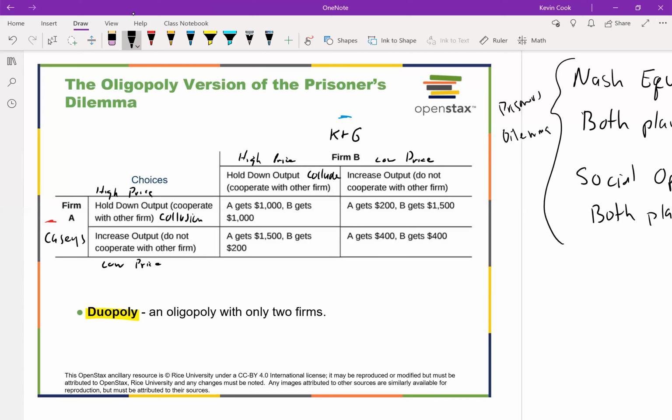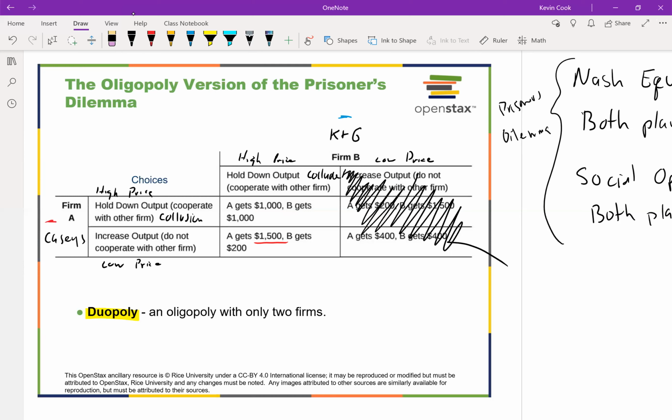So if at first I believe that Come and Go is going to charge a high price and cooperate, I have to figure out what I want to do. In this case, I have a choice of either getting $1,000 or $1,500. If I know Come and Go is going to charge a high price, I personally would rather have 1,500 than $1,000.